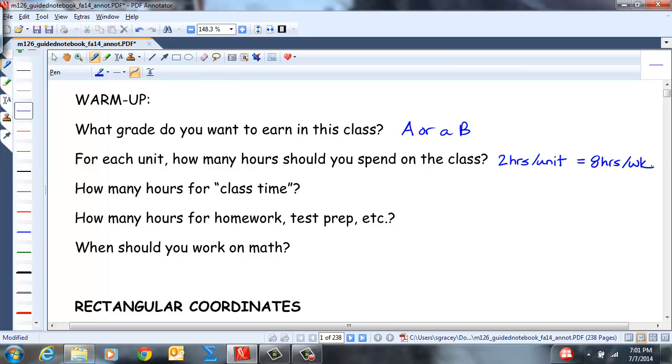How many hours of class time? If you were coming on campus to take this class, how many hours would you be spending? That is right, you'd be spending 4 hours per week.